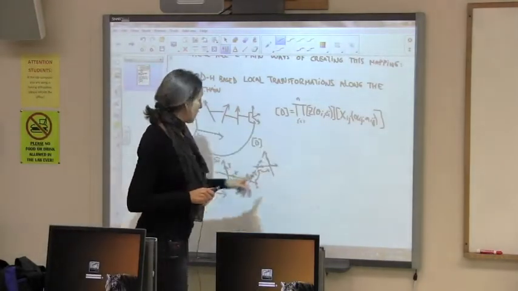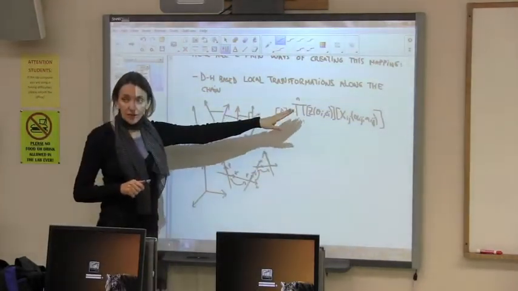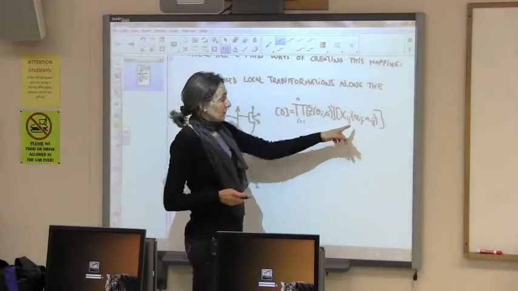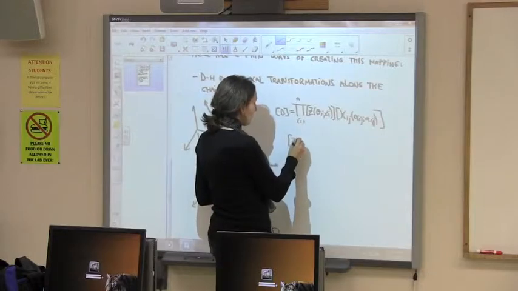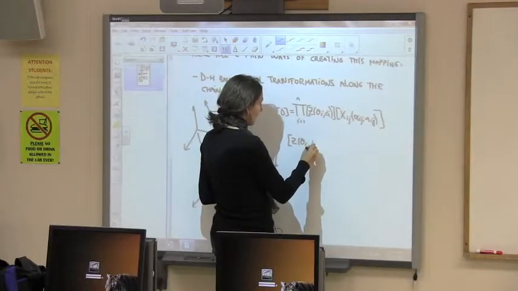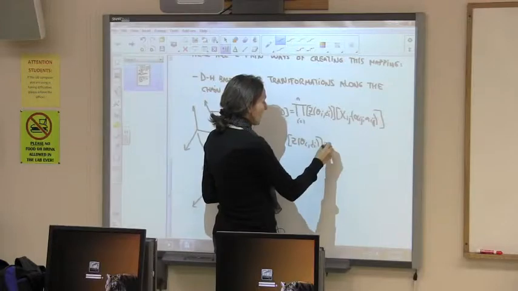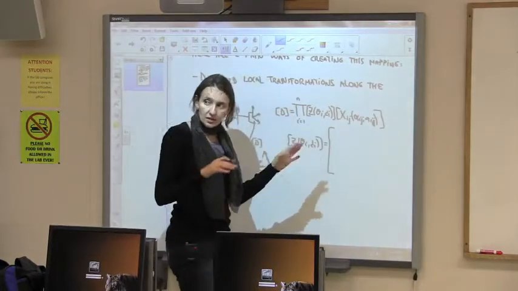When you do these products, you will have a lot of cosines and sines of the angles. Let me just write these matrices. This is a screw displacement about the z-axis, which means cosine, sine, sine, cosine.